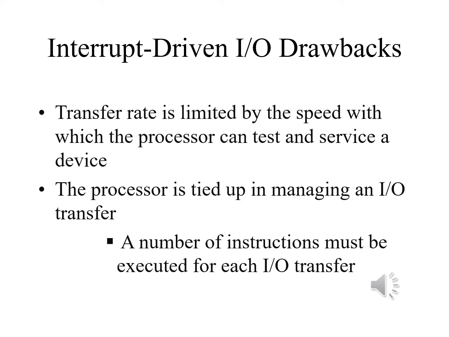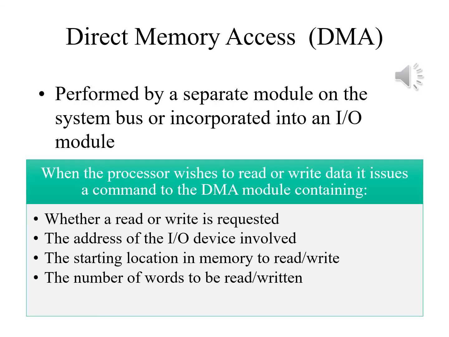One, the I/O transfer rate is limited by the speed with which the processor can test and service a device. Two, the processor is tied up in managing an I/O transfer. A number of instructions must be executed for each I/O transfer.